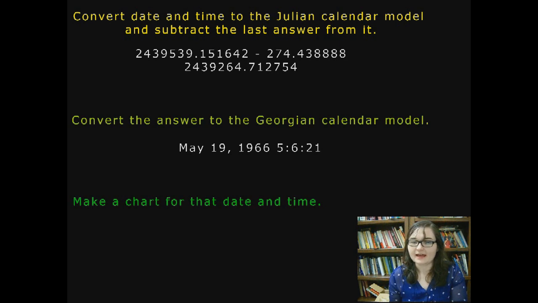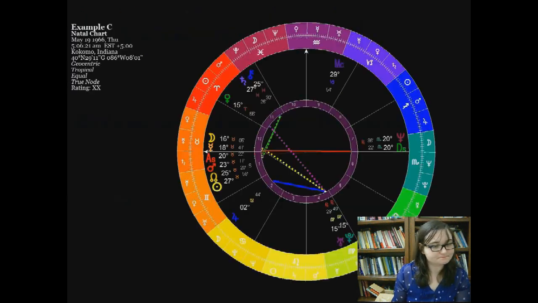But I've already done it, and the time of conception should have been May 19th, 1966 at 5:06 a.m. 21 seconds, which I already have a chart for right here.